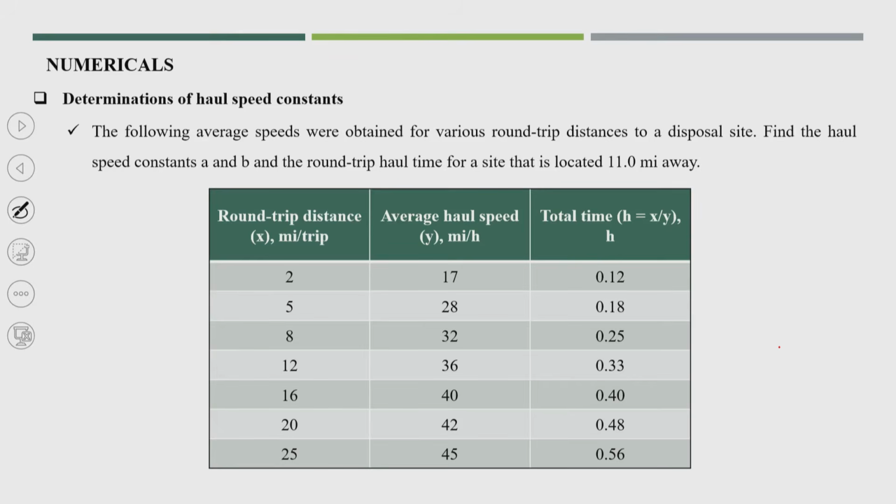So, this data is already available with us. We know the different round trip distances and the average speeds, so we can easily find the total time as x by y. Now we have to calculate the constants A and B and the round trip haul time, that is the x value.